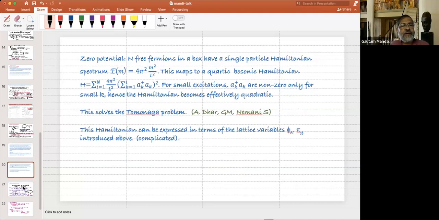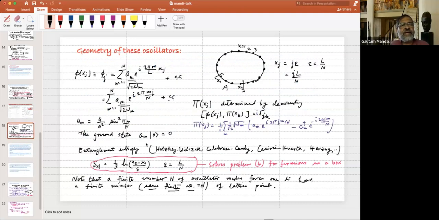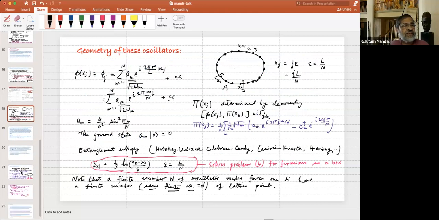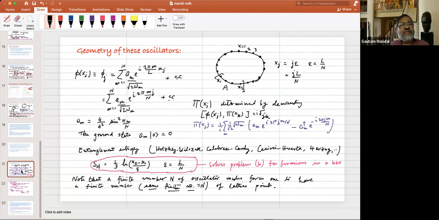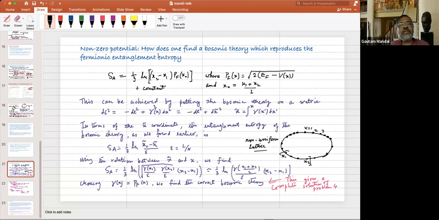It's complicated, but here I have taken a particularly simple case, the case of no potential, which does not have the Fermi momentum factor there. Now what if there is a potential? There you have to work a little harder.